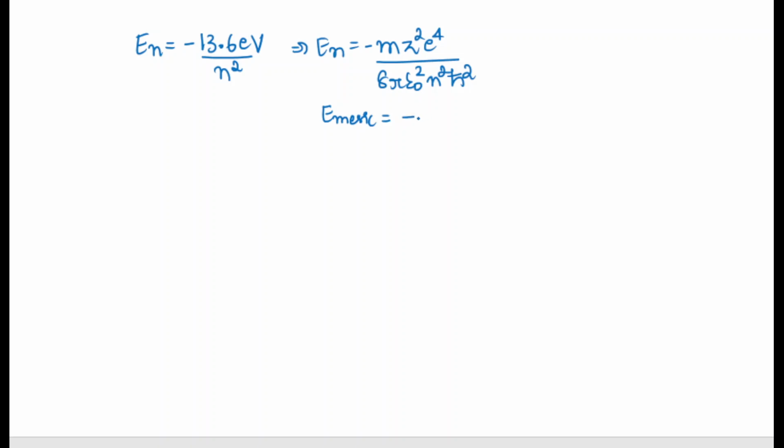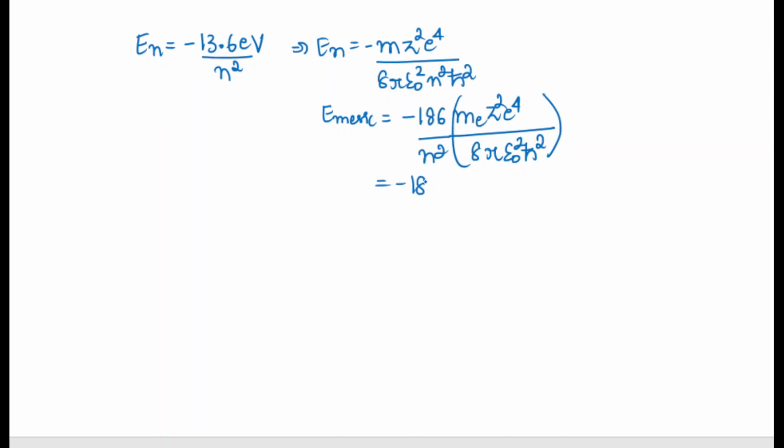That reduced mass we are getting, so it is minus 186 times the mass of an electron z square e to the power of 4 divided by 8 pi epsilon naught square n square h cut square. This can be written as minus 13.6 electron volt, which I have already taken. You can solve this keeping the values of n. For the ground state, the value will be 1.